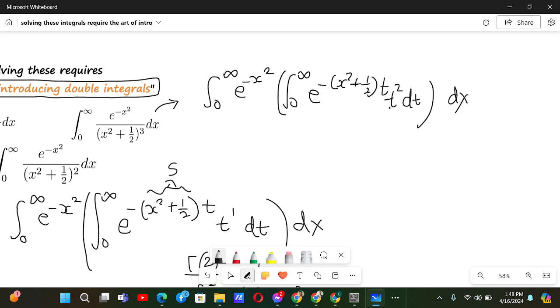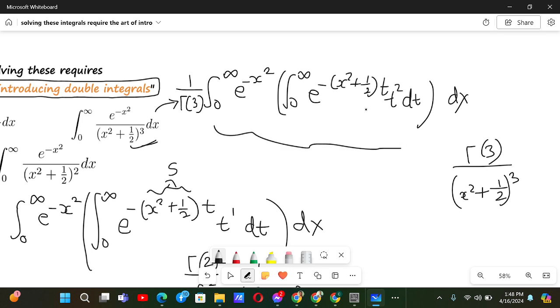We know that this evaluates to gamma of 3 over (x squared plus 1/2) to the power 3, from the Laplace transform formula, and we have this expression in the denominator. Since the gamma of 3 is unnecessary, we divide by gamma of 3, and this is the required double integral we have. Now we can interchange the order of the integrals, and that will simplify the problem so it can be solved.